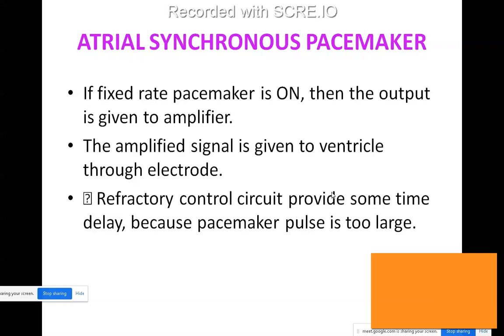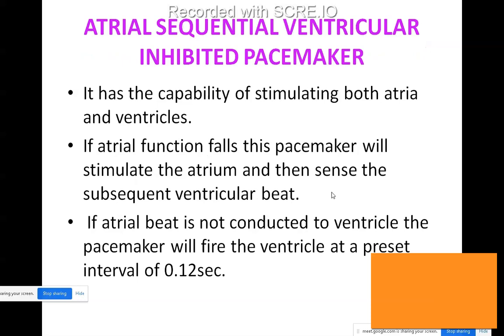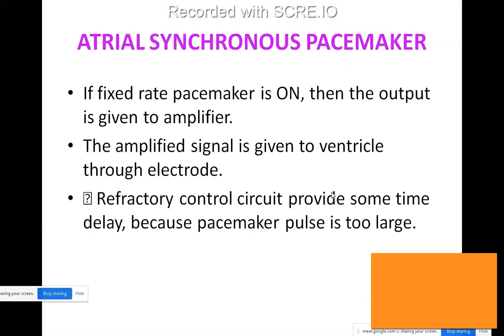The refractory control circuit will provide some time delay because the pacemaker pulse is too large. So refractory control is used for providing the delay for the signal. That's all.